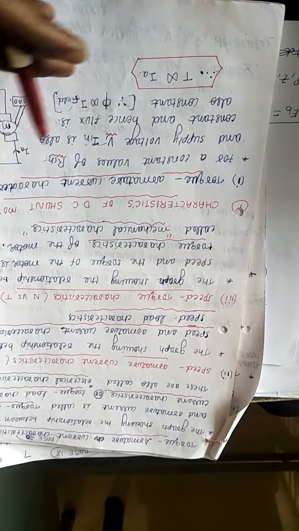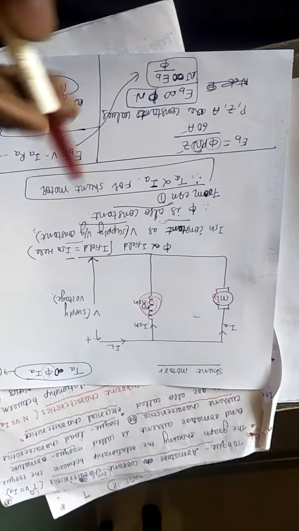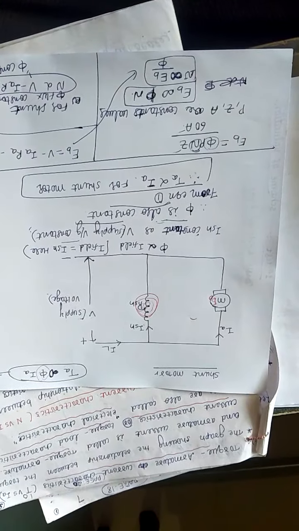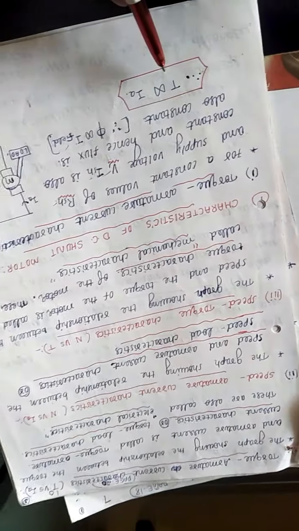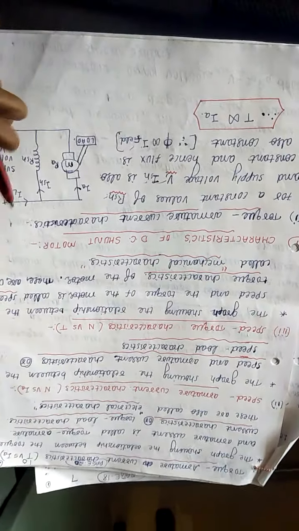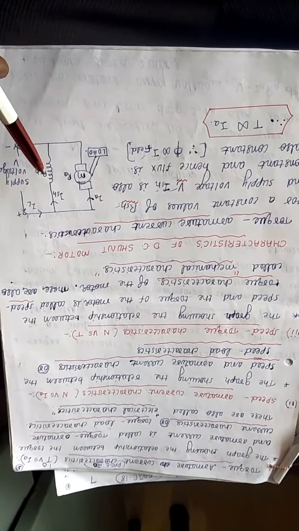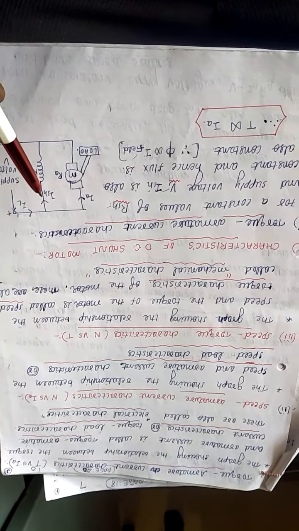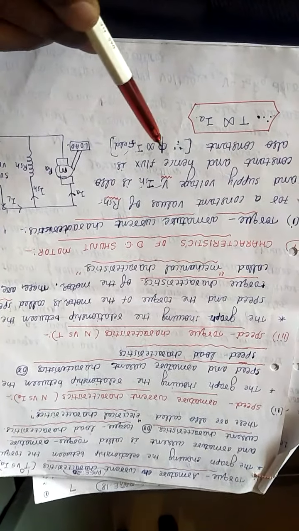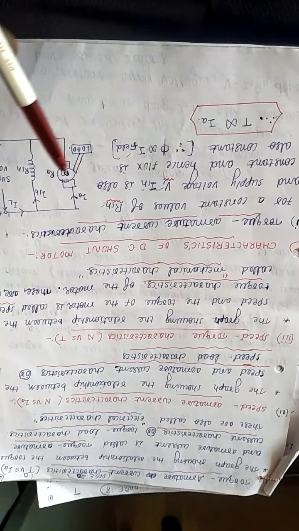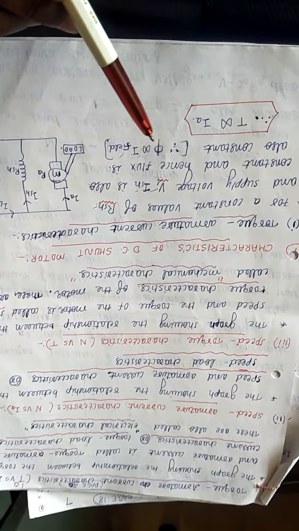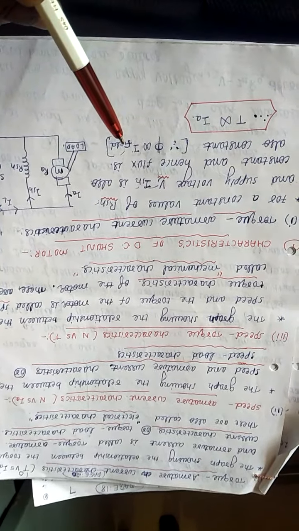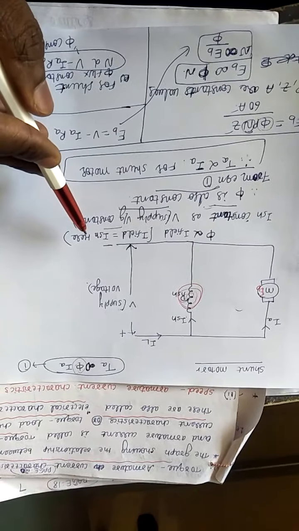In the case of a DC shunt motor, torque is directly proportional to armature current, right? Because V is constant and Rsh is constant, the field winding current Ish is constant. Therefore the flux is directly proportional to the field current Ish.